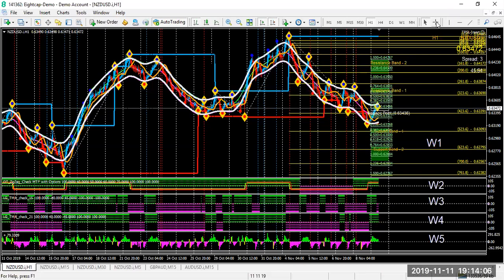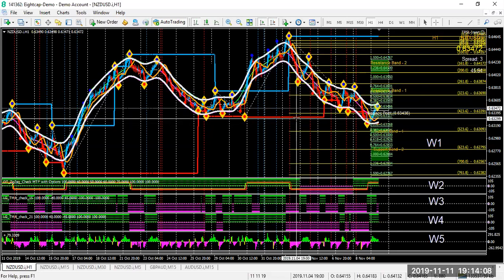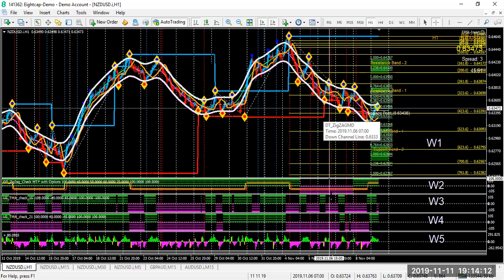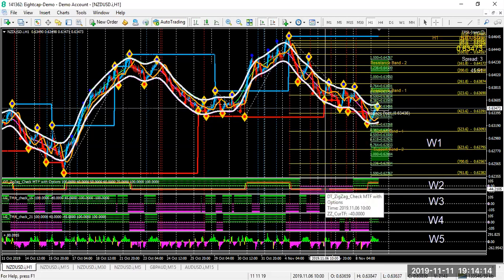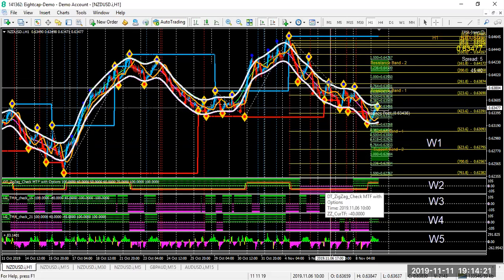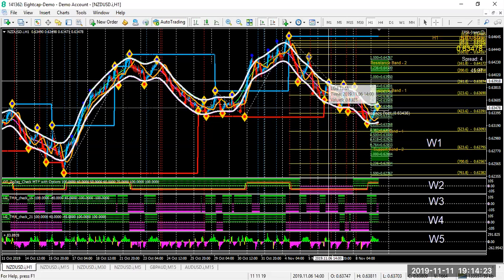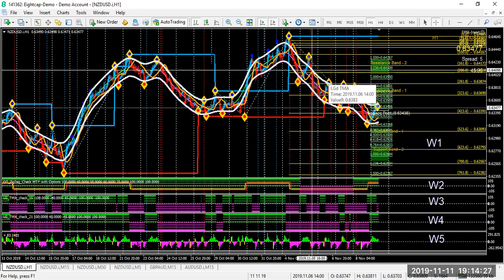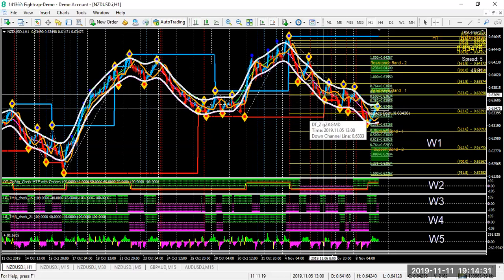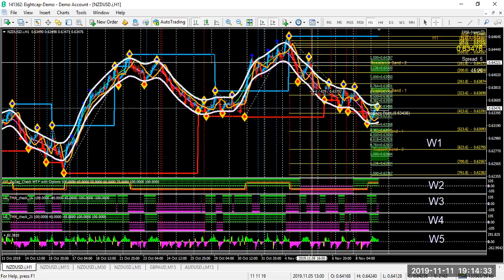And if it still hasn't reached the bottom, then the next channel line. So the next channel line was here, and you can see we still have pink shading in window 2. Okay, even at this stage it says it was looking for lower. So every time we entered one of these, when we saw the diamond above the riverbank for a sell opportunity, we had a target. Yeah, so had we entered there, we would have got a diamond there, exit.